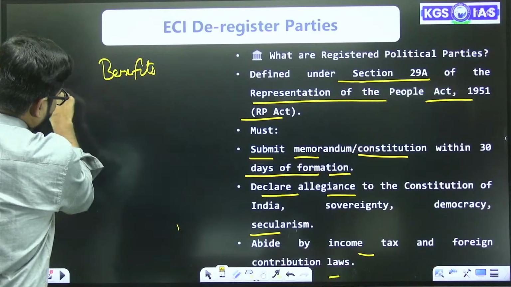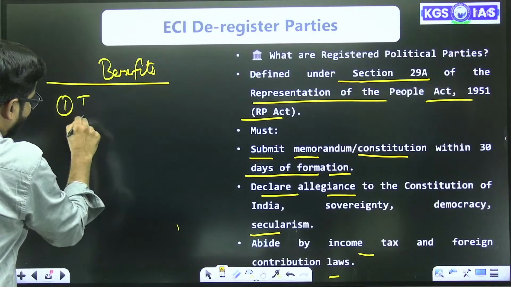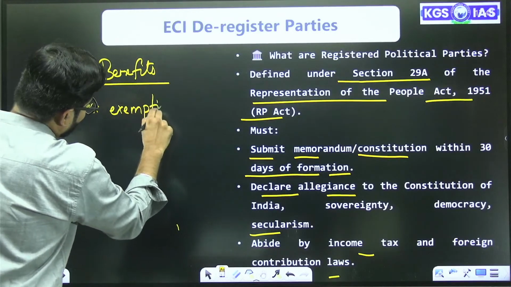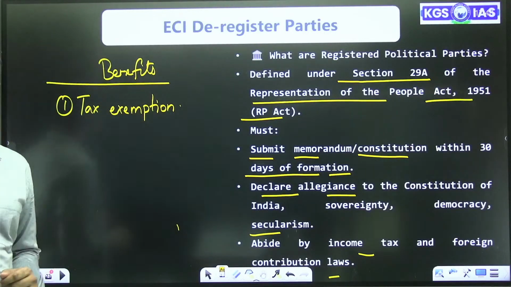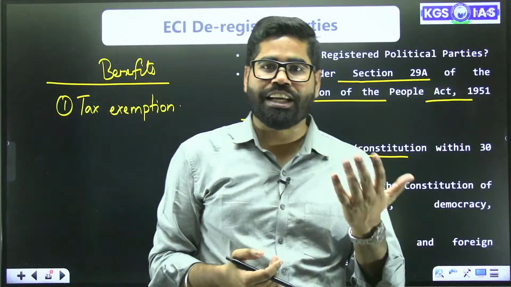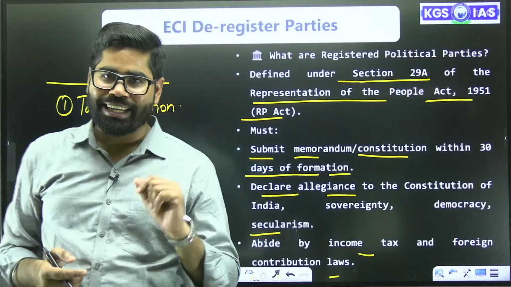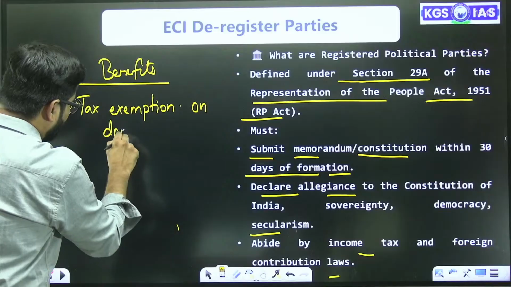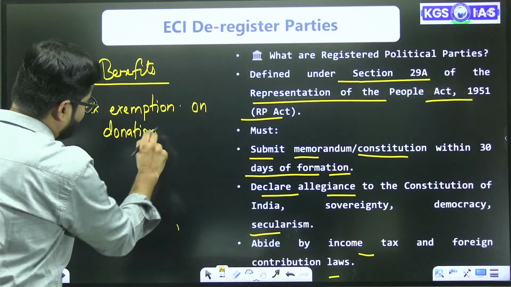They are getting certain benefits like tax exemption. If they are getting certain income, they are getting tax exemption on donations. So I think you now know how this can work.